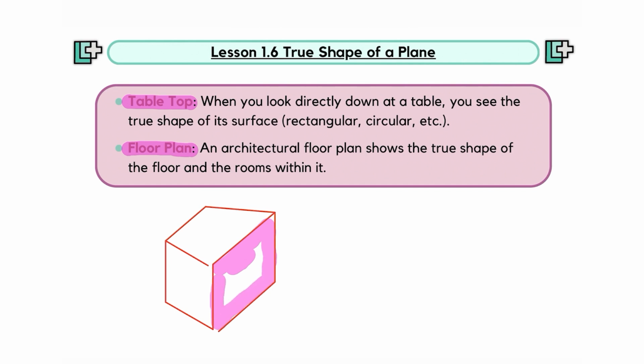But for the surface that I've shaded in pink here, if you were to position yourself anywhere on the page, hypothetically, to see the true shape of that surface, where would you position yourself? And the answer, of course, would be directly in front of the surface, looking at it from a perpendicular point of view. And what that will produce for you is the true shape of that plane, which in this case will be a square shape.